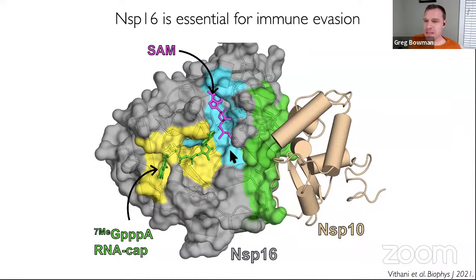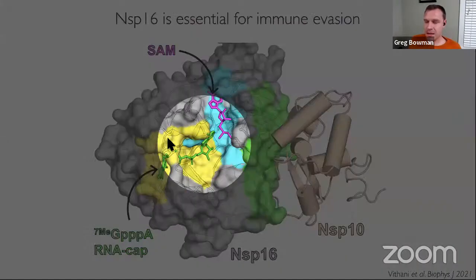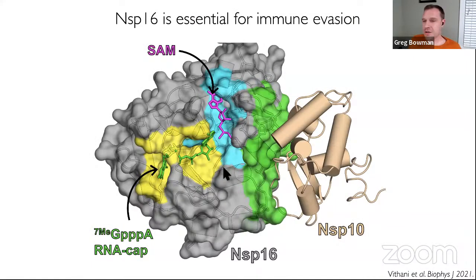It's also a difficult drug target, though, despite being essential, because people have come up with compounds that target the active site, and this does inhibit the viral protein. But it turns out they also have really nasty side effects, because they also inhibit the enzymes that humans have to perform the same reaction.